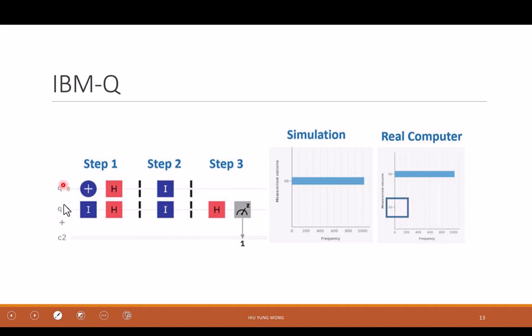You see that first I have a NOT gate because the top is LSB, remember, okay? This is Q0, so this is Y, this is X. So I have the NOT gate for the MSB, right? And then both of them go through Hadamard gate.